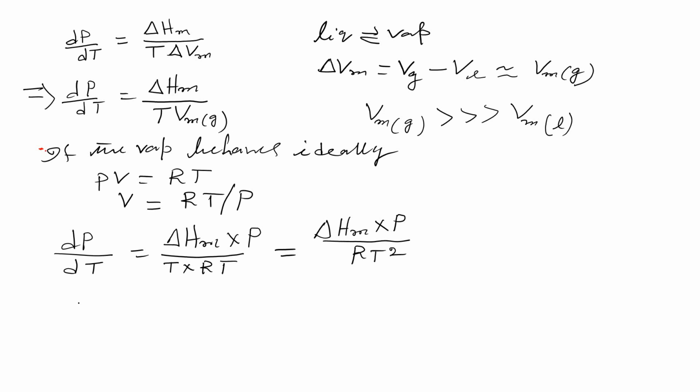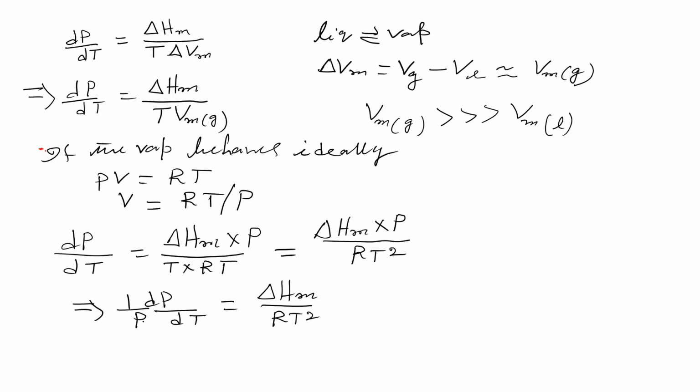Now from here I can write it like this. 1 by P dP by dT is equal to delta Hm by RT square. Okay, we can write these things.